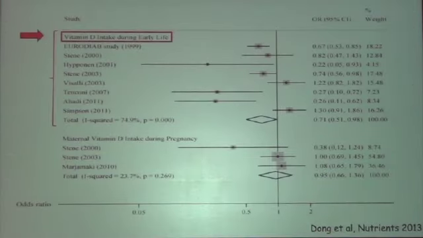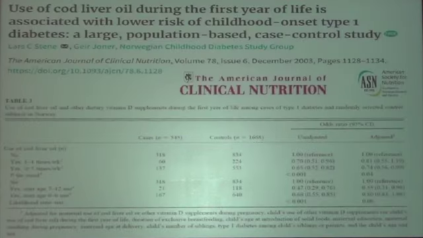And this was confirmed again by the meta-analysis that I showed early on, that demonstrates that vitamin D intake during early life may be associated with a significant risk reduction in development of type 1.